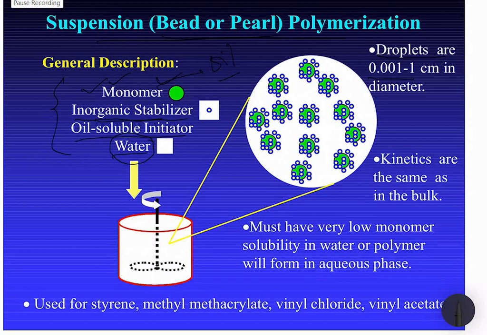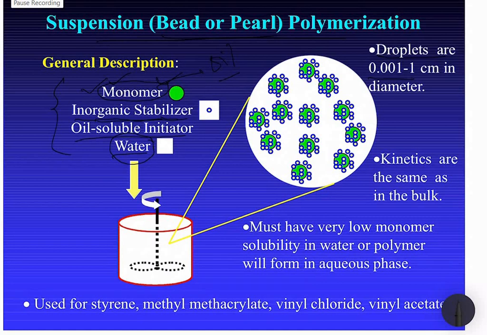that is, it should be insoluble in water and soluble in organic solvent, and the monomer also should be insoluble in water, and that way it can be suspended with the help of the inorganic stabilizer. In most cases clay is used as the inorganic stabilizer, because clay remains suspended in water, and in that mode it can also help the monomer to get suspended in water.